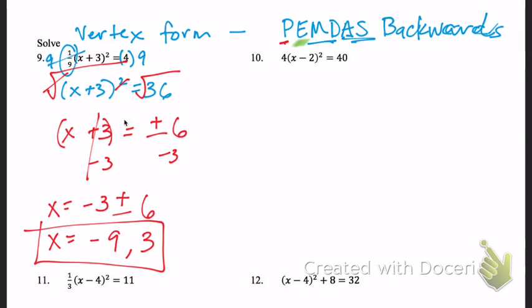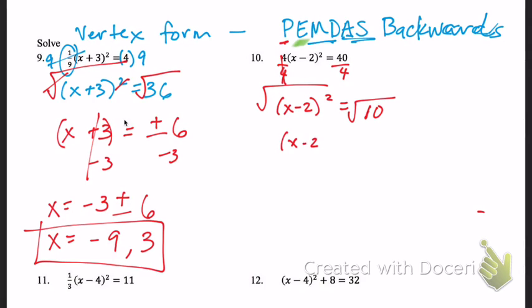So number 10, PEMDAS backwards. There's nothing to add or subtract. So I'm going to divide. What do I need to divide by? Divide each side by 4. x minus 2 squared equals 10. I square root.